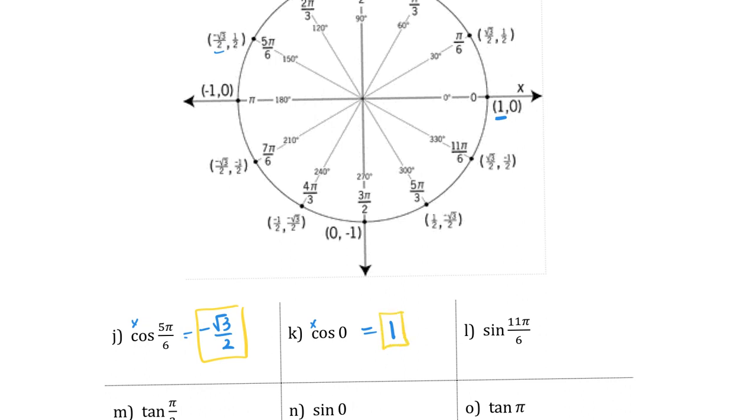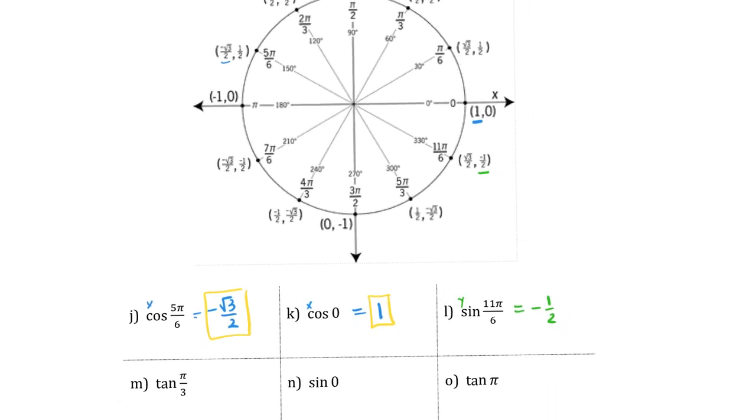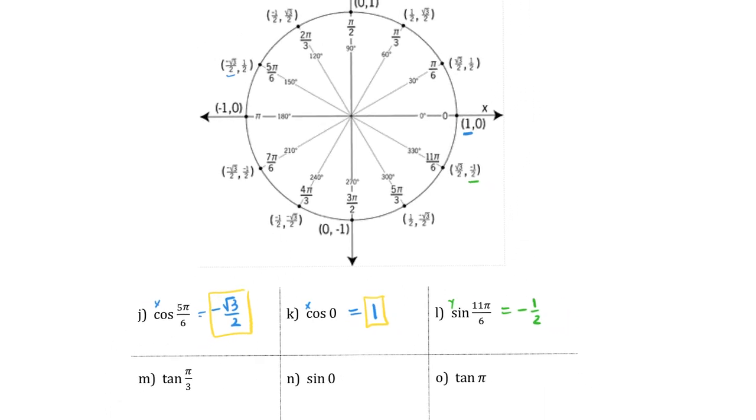Sine. Sine is the y-coordinate. 11 pi over 6 is here. The y-coordinate there is -1/2. Okay, tangent. Oh, tangents, you do have to do some work. Tangent is y over x. So let's go to pi over 3.